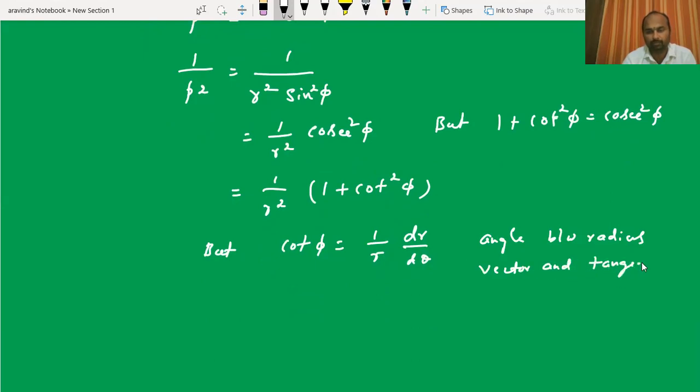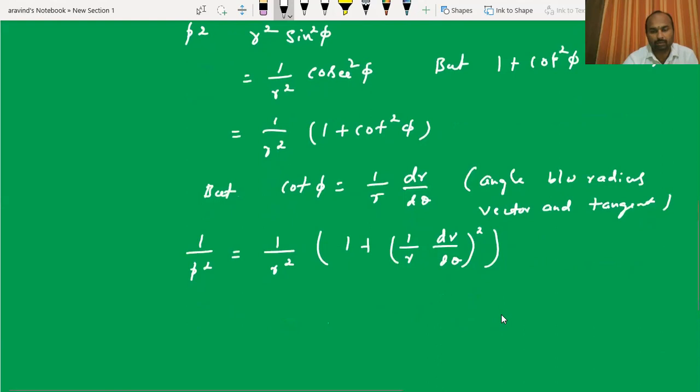I'll substitute in the above equation. So 1 by p square equals 1 by r square into 1 plus cot square phi, which means 1 by r dr by d theta whole square.